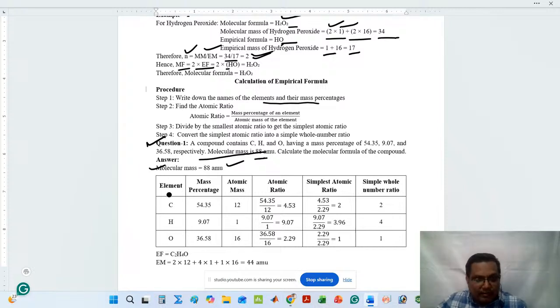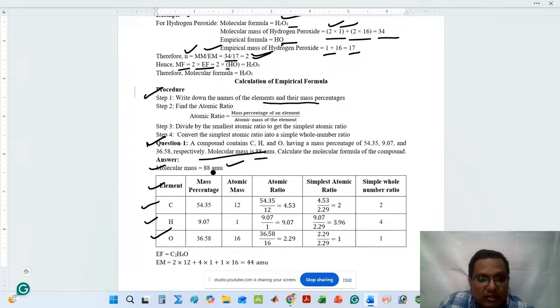Now follow the table. In the first column write the elements. In the second column write the mass percentage. In step 1 the aim is to write the name of the element and their mass percentage. So here I can write the elements present in the compound. Look at the question: a compound contains carbon, hydrogen and oxygen. So in the first column I write carbon, hydrogen, oxygen.